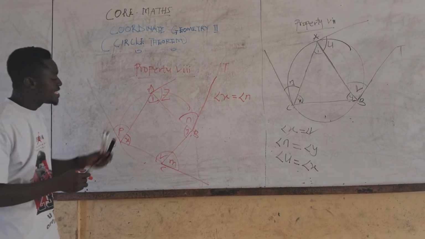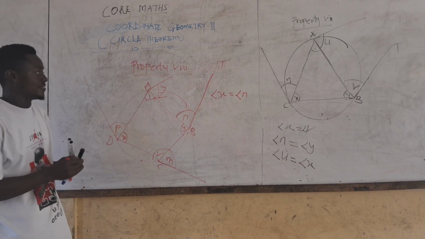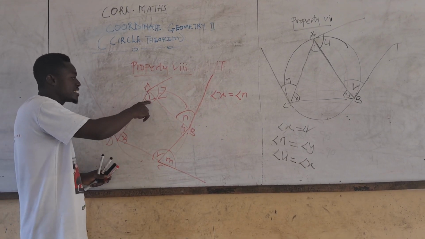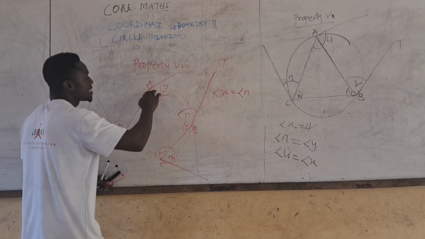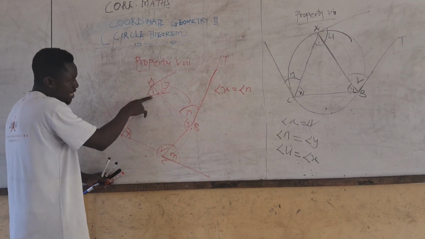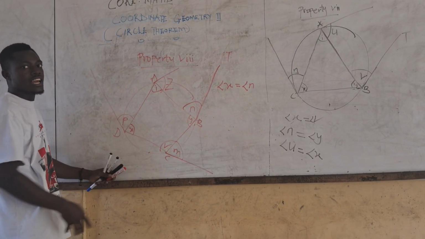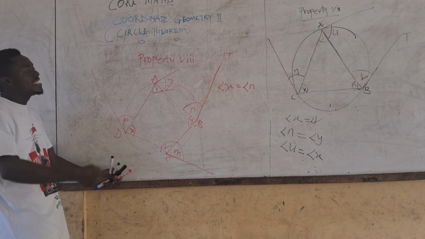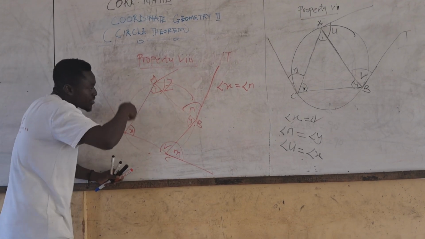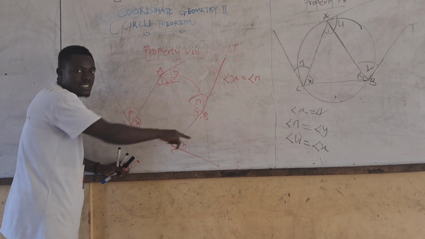Therefore, we check the interior angles. If we take I, which exterior angle is it opposite to? This is an exterior angle, and this is an exterior angle. But as you can see, this I is opposite to this exterior angle here. The property says the interior angle within a cyclic quadrilateral is equal to its opposite exterior angle.